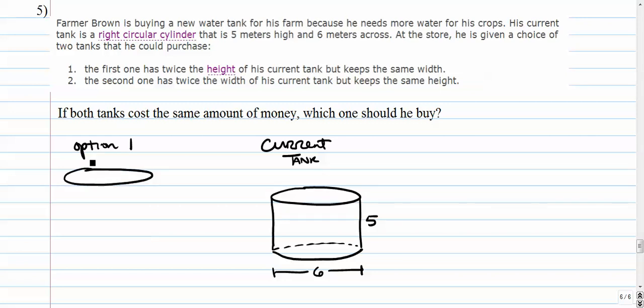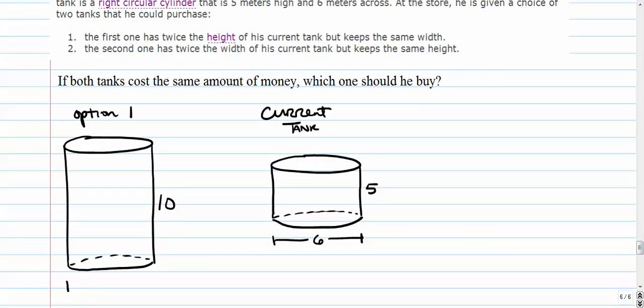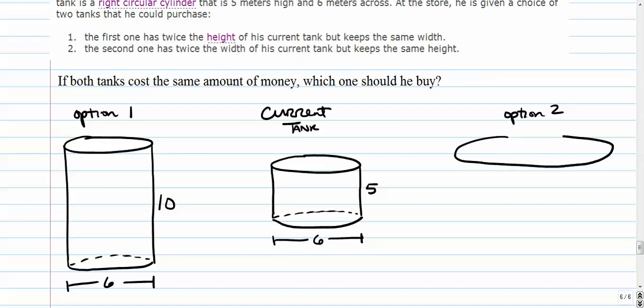So I'm going to draw a tank that's much taller but exactly the same width. So it's twice as tall but exactly the same width. So let me scroll down here a little bit. That's option one. Option two I'll put over here. It has twice the width, so it's twice as wide, but it keeps exactly the same height. So I'll draw it down here on this level.